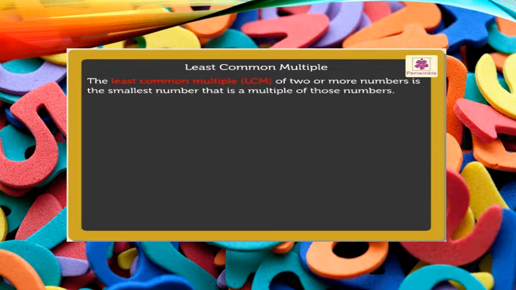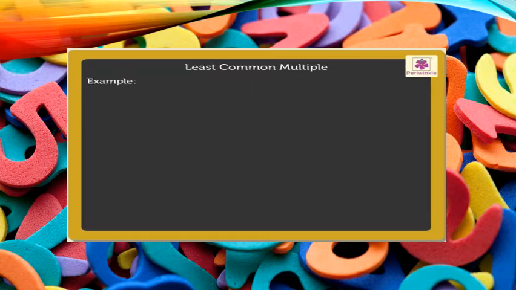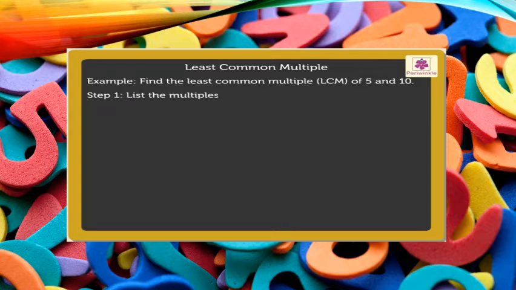To understand it in a better way, let us solve an example. Find the least common multiple of 5 and 10. We will follow a three-step process to find the least common multiple. Step 1. List the multiples of all the given numbers.